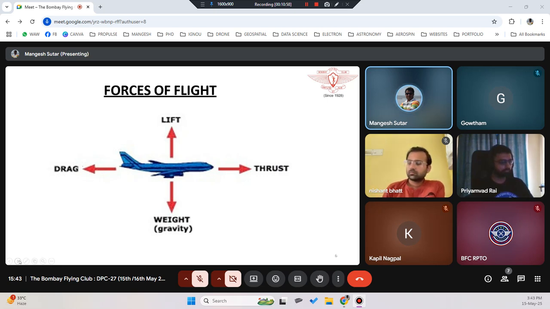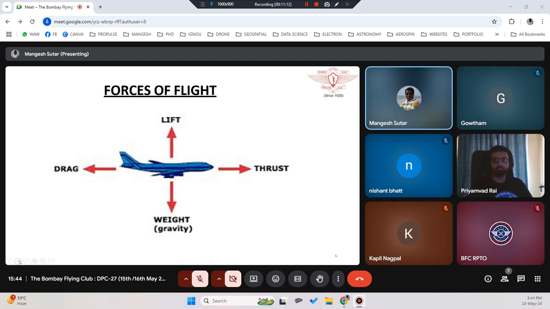Your aeroplane runs on the runway, so it keeps on running, and at a given point in time it has enough thrust, and the pilot who actually controls the wing shape creates the angle of attack. That angle of attack is suitable for generating the lift.